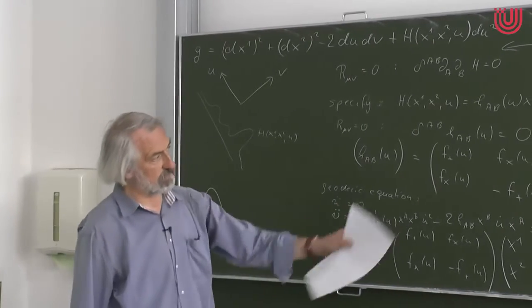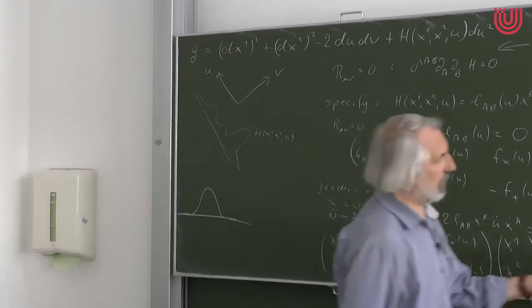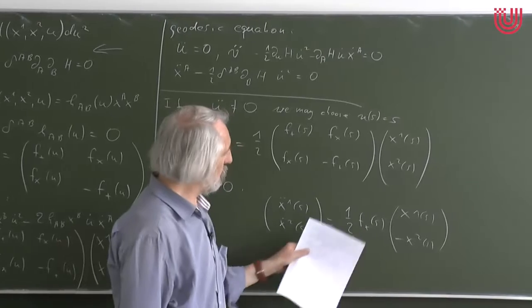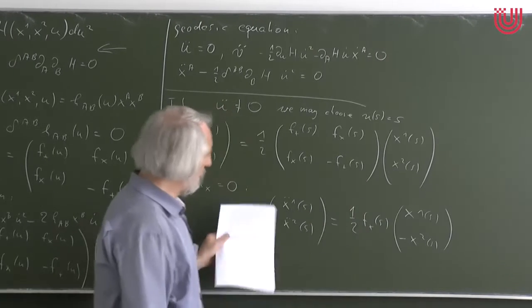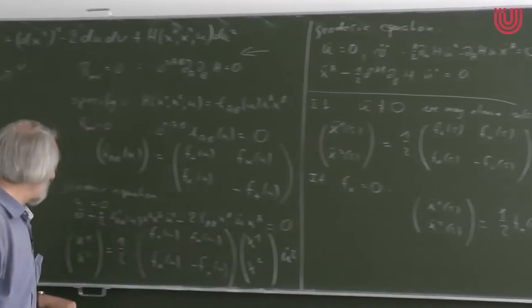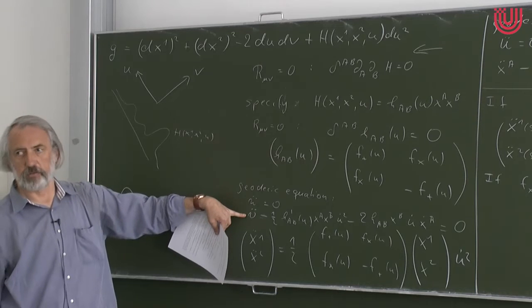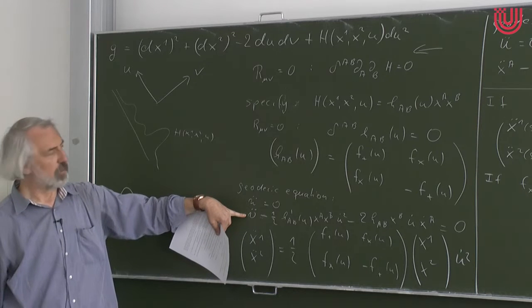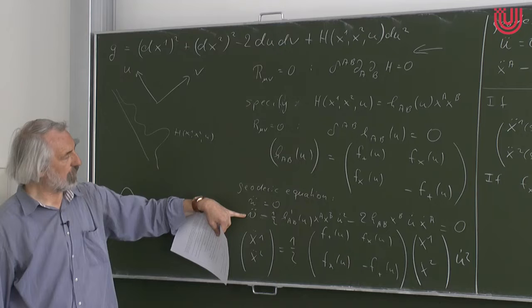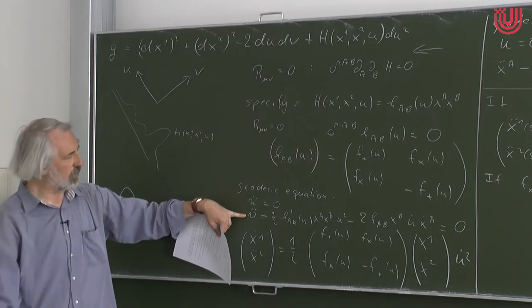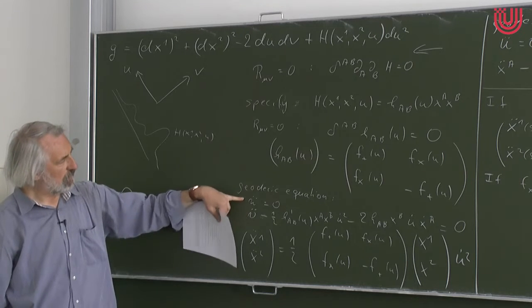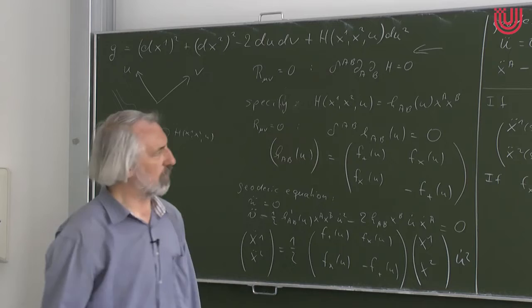If you have solved this differential equation, you give me the f plus, and if it's non-zero, also the f cross, then we solve this system of differential equations, and then we insert the solution into this equation, and we get v as a function of s. So it tells us how the wave behaves in the direction in which the wave propagates, and the u double dot is always 0.